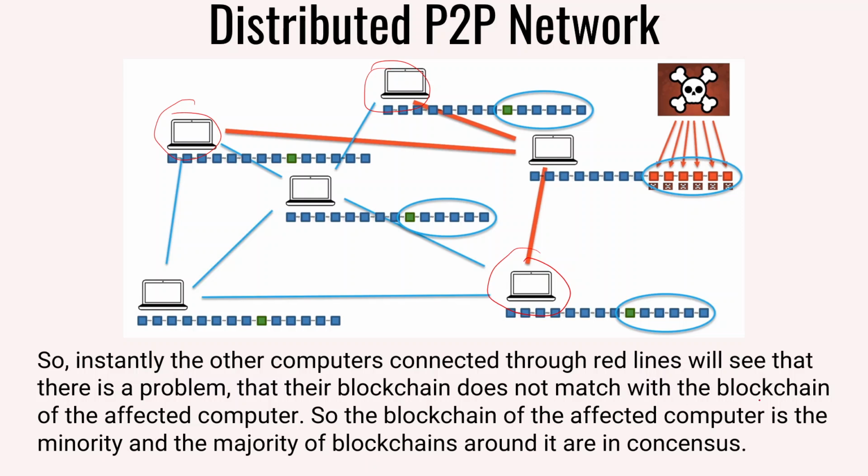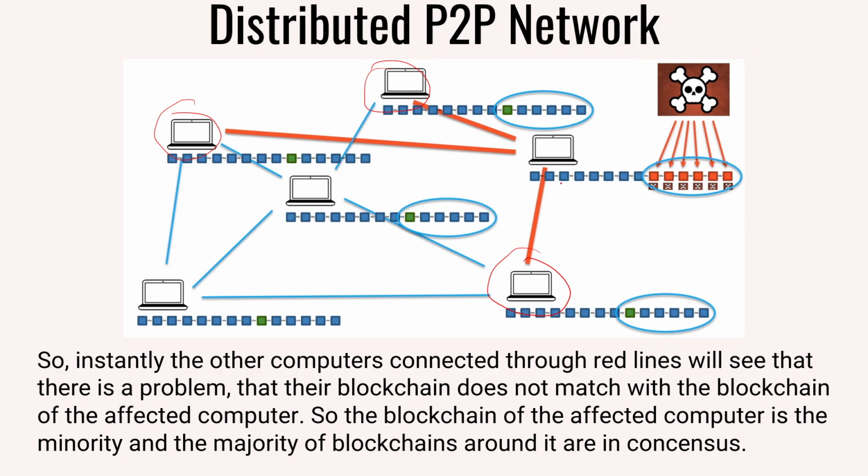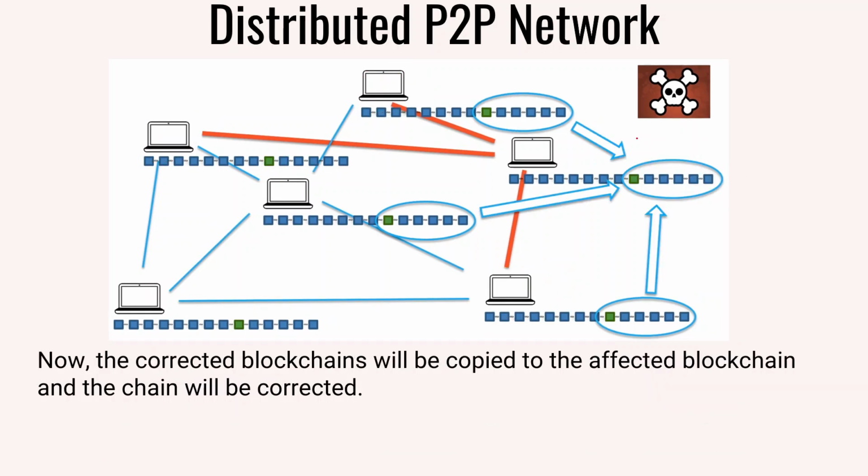So the blockchain of the affected computer is the minority, and the majority of blockchains around it are in consensus. So as I said, what will happen? The corrected blockchain will be copied to the affected blockchain and the chain will be corrected. As we can see, here the blockchain is affected, the hacker is affecting the blocks of this blockchain, and this blockchain will change this blockchain and we will get the corrected blockchain again.